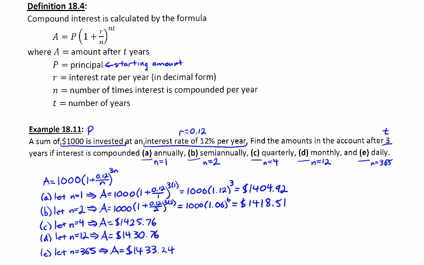It's only less than $3 over the entire course of the 3 years. So the amount of increase that we see does start to slow down, just like we saw the increase slow down in the calculation for Euler's number. So there is a great deal of similarity in the calculations because of the way that the base and the exponent are formulated here.